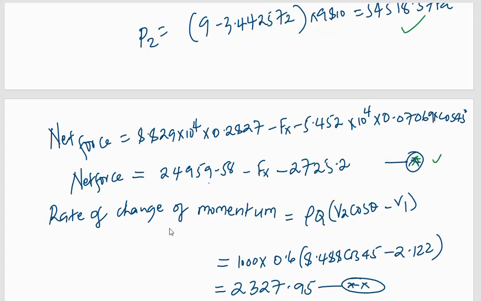And we also talk about the rate of change of momentum. The rate of change of momentum of the fluid is equal to density times Q into V2 cos theta minus V1. If we substitute in those values, we will get 2327.95. The flow rate is 0.6, the density is 1000, the velocity V2 is 8.48, the theta is 45, minus velocity 1, which is 2.122.